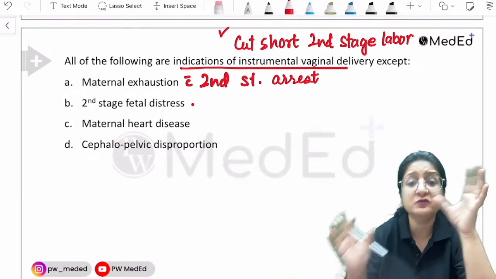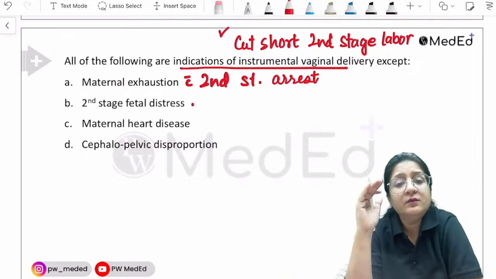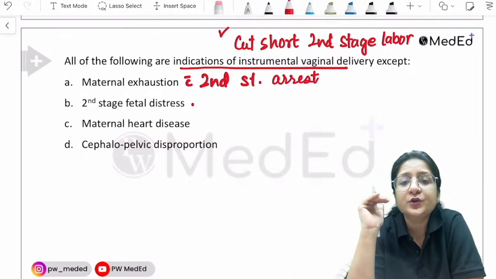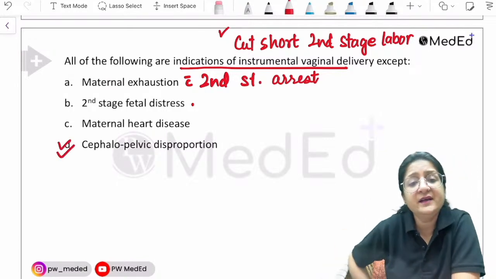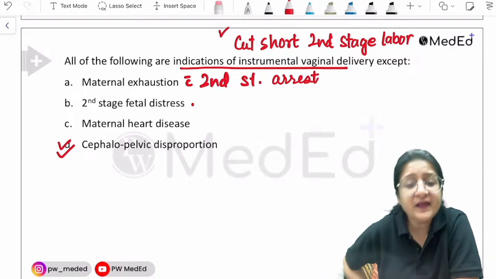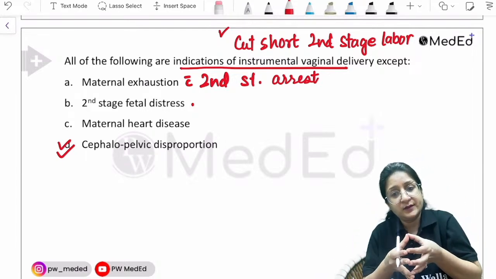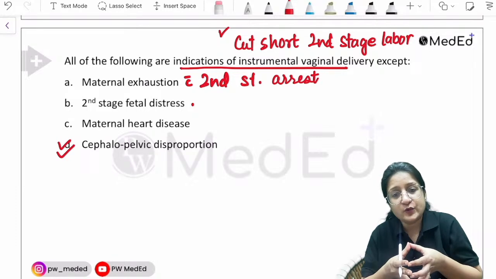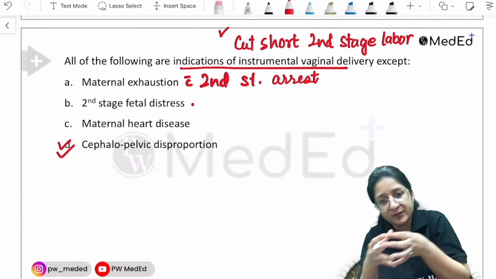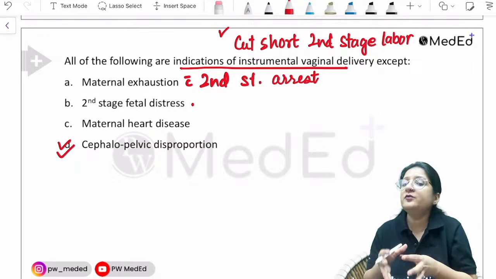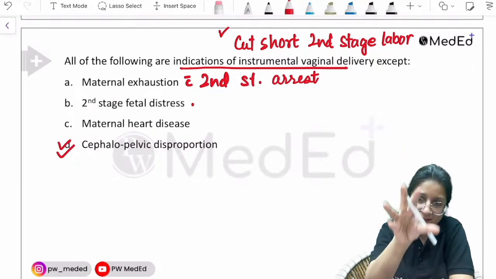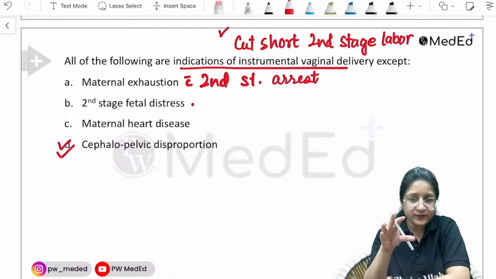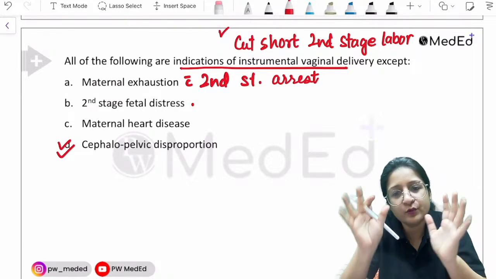So all of this fits into one important thing: whenever I want to cut short the second stage of labor. But if there is CPD, cephalopelvic disproportion, and the head is having difficulty coming out of the vagina, and you apply instruments and pull with force, do you think that is going to achieve any purpose? There is a narrow door through which you want to enter.